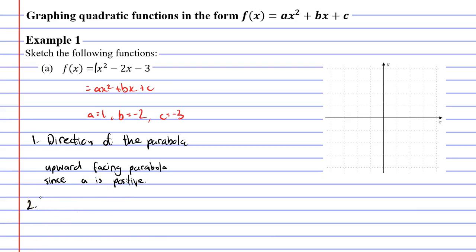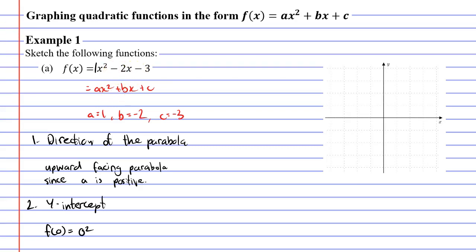The second thing we're going to look at is the y-intercept. Now the y-intercept occurs when x equals 0. So we're going to find f of 0, meaning we're going to replace x with the number 0. So up here we have x squared, which now becomes 0 squared.